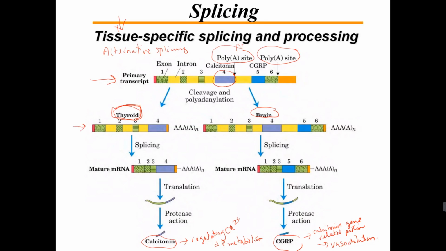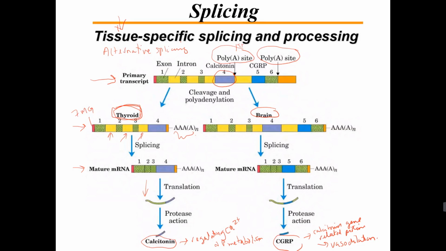So we get our 7-methyl-G cap that's added on, and our poly-A tail. And then again, our introns are spliced out to get the mature mRNA. This will then lead to the ribosome translating this transcript into the calcitonin protein.